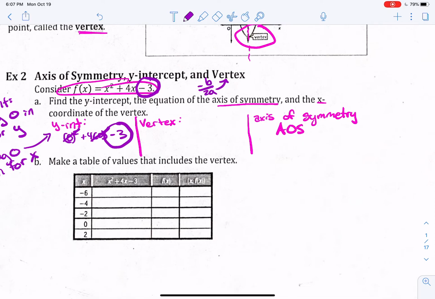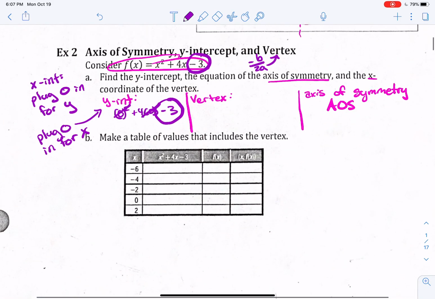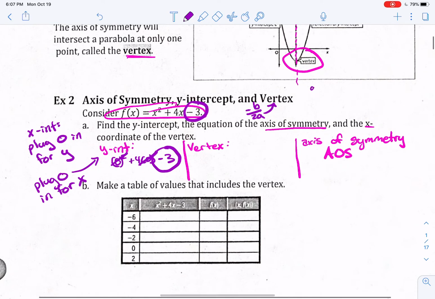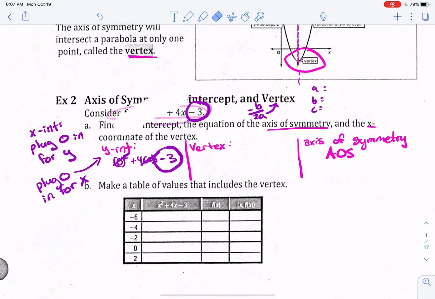Okay, so just like we did up here, identifying the a, b, and c values, we're going to do the same thing here. So a, b, c, let's write what each one of those are using this function here. Okay, so a is the number in front of the x squared. Since there's no number, we assume that it's 1. B is going to be this number here, so it's a 4.